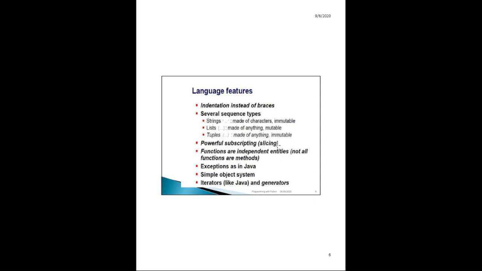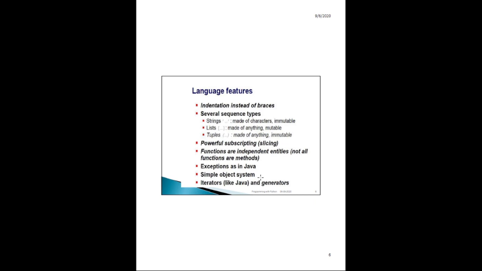When we have a particular list of values, we can take a part of it. That concept is called slicing. Say for example, I have a list of 5 values. I can take the second to fifth value and have it as another list. That is a feature available with Python.